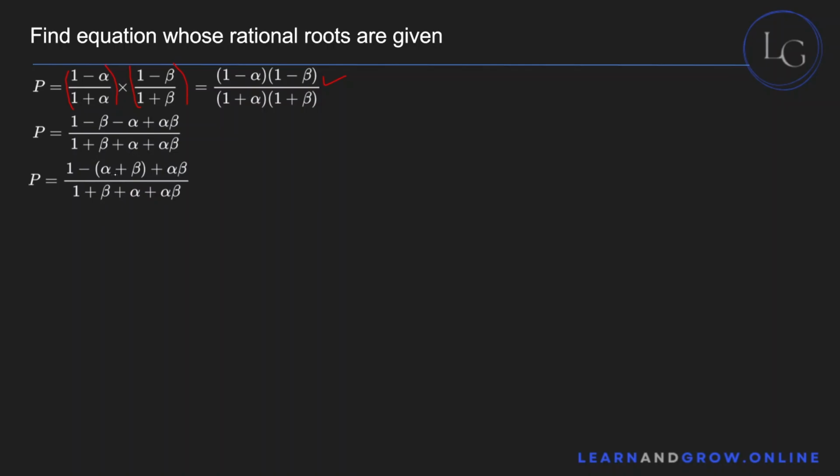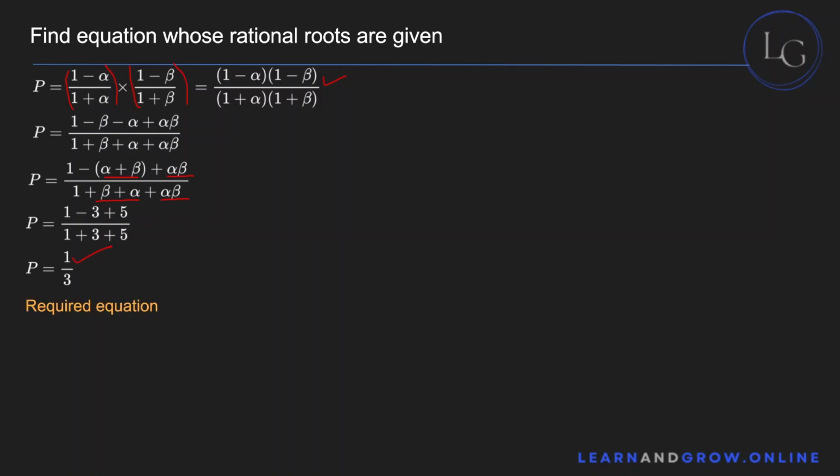So you'll now replace alpha plus beta with 3, alpha beta with 5, alpha beta with 5, and alpha plus beta with 3. And you get this. Upon further calculation and simplification, this is what it comes down to. The product of roots is equal to 1 over 3.